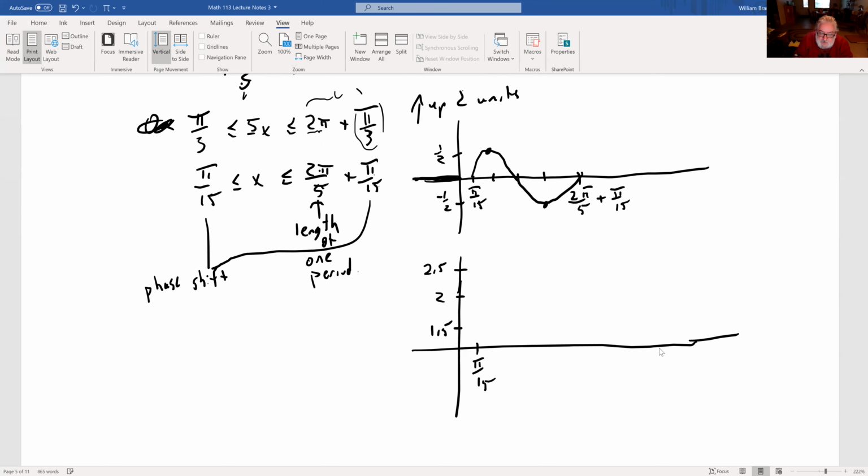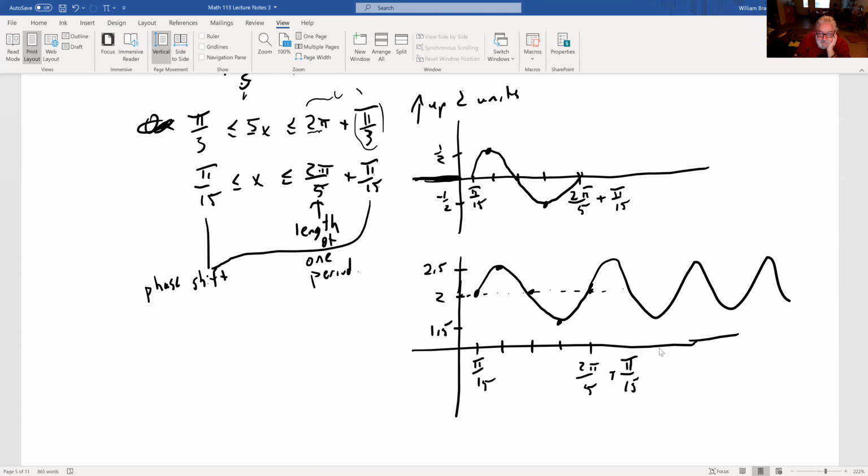We have pi over 15, 2 pi over 5 plus pi over 15. I'll put a dotted line here because we'll start at 2, go up to 2. Oh, I forgot to divide my period into fourths. Up to 2.5, down to 2, down to 1.5, up to 2. And there's our graph. And then it just repeats, going left and right.